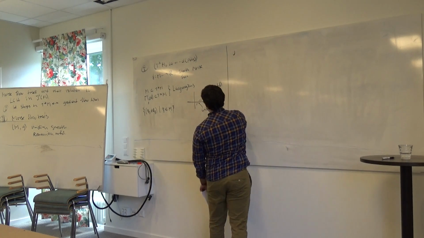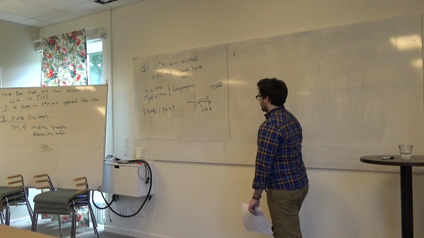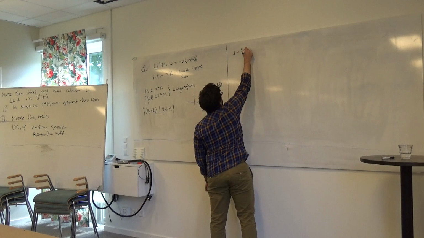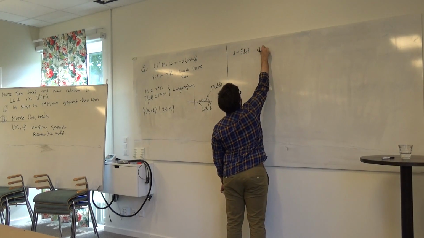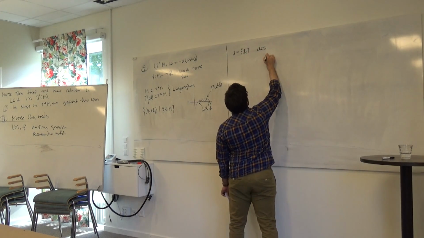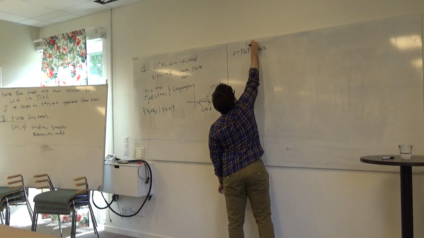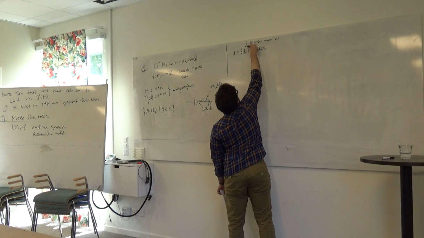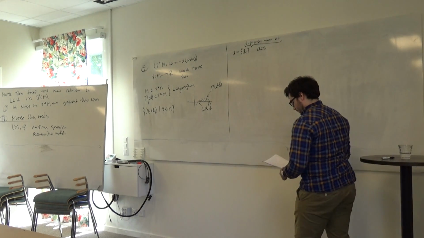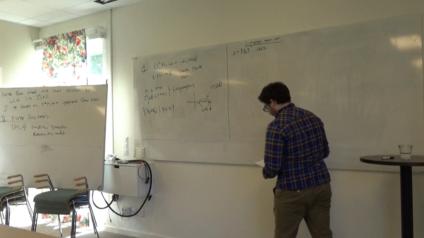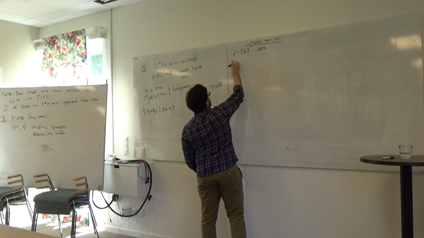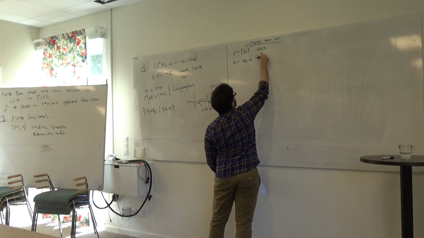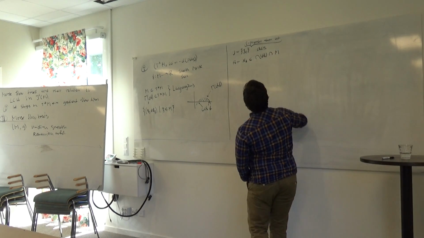So I want to talk about holomorphic disks. I'm gonna pick some almost complex structure, or a one parameter family of smooth almost complex structures, and then intersection points between the graph and the zero section.